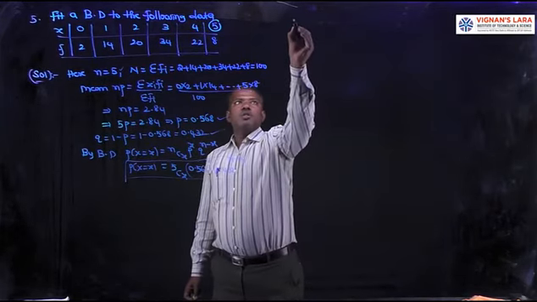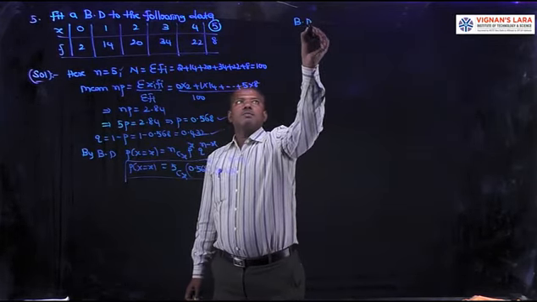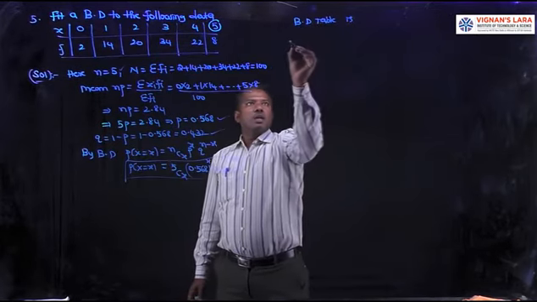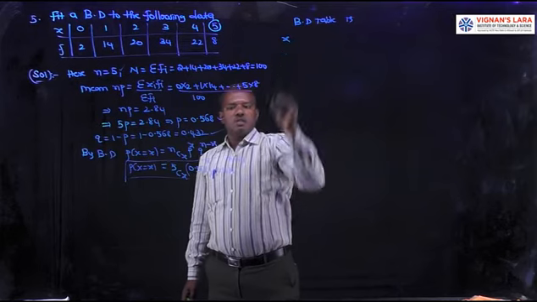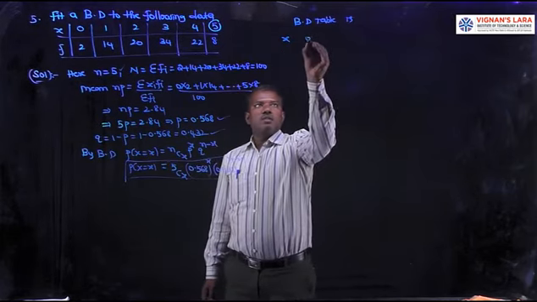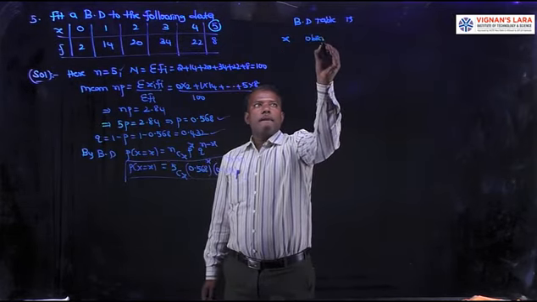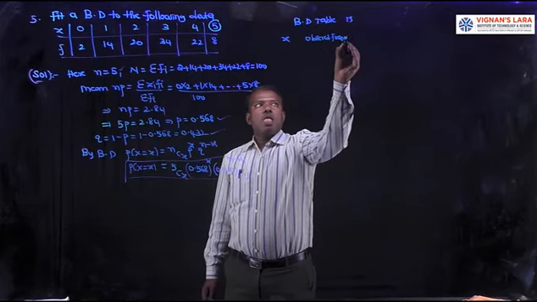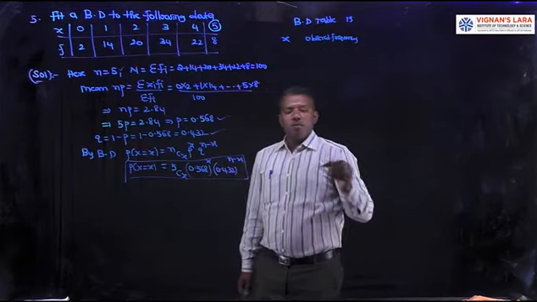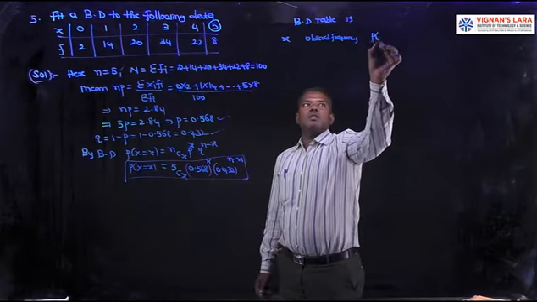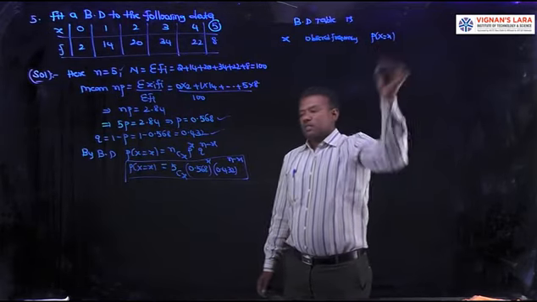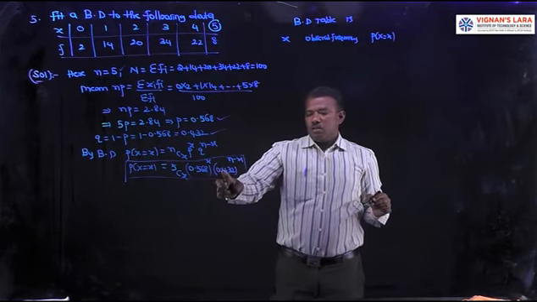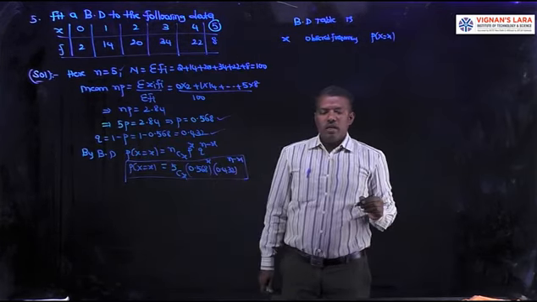The binomial distribution table, the last step, consists of the number of successes, its observed frequency, then its probability, P of x. What is the formula for P of x? 5Cx, 0.568 whole power x, 0.432 whole power n minus x.